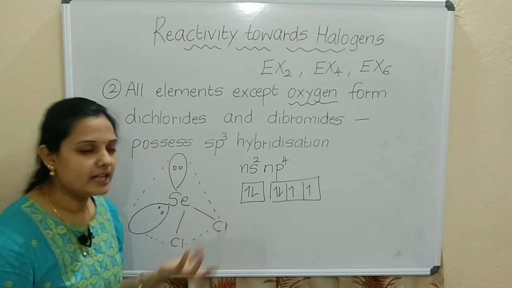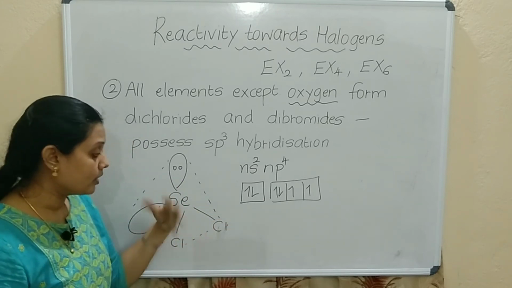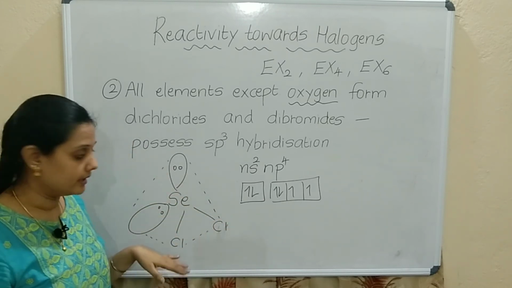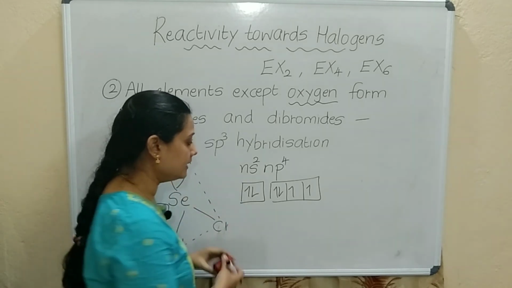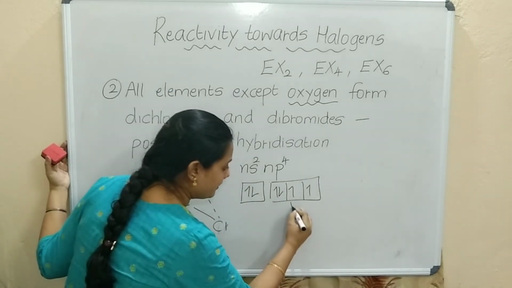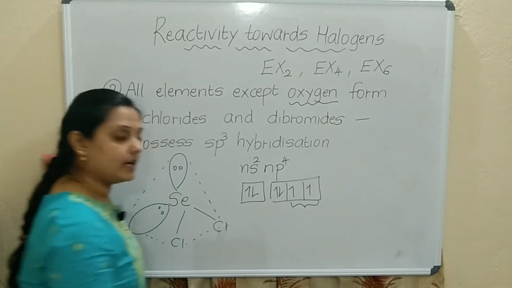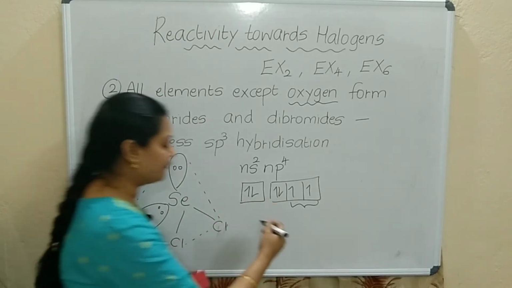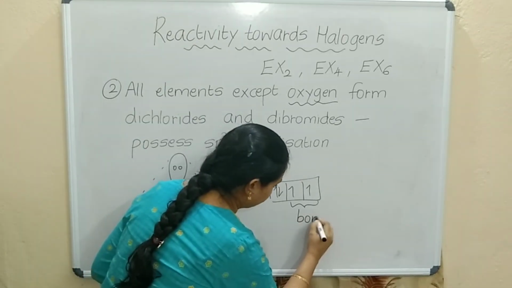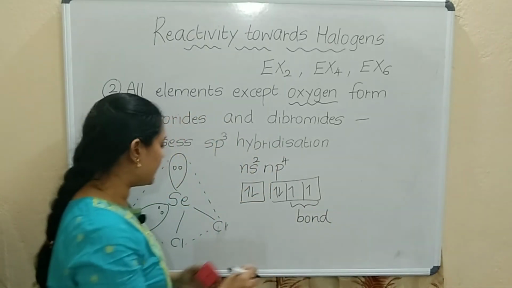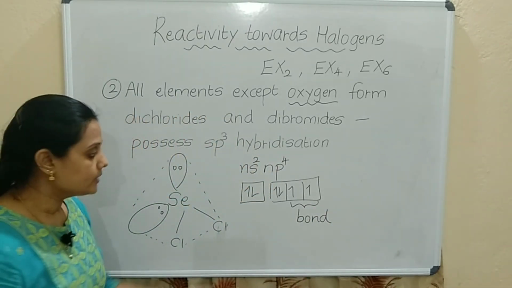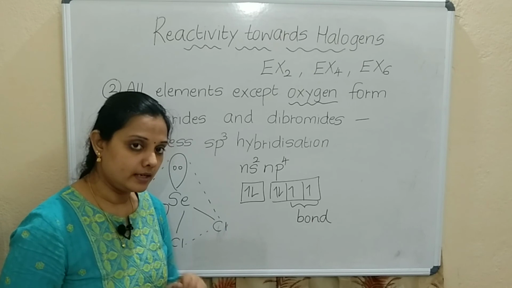So, how do you find the hybridization here, or how will you draw the structure? I have drawn the structure here already. How did you get that? If you see unpaired electrons, the unpaired electrons will form bonds. Remember, unpaired electrons will form bonds. How many unpaired electrons are there? 2.